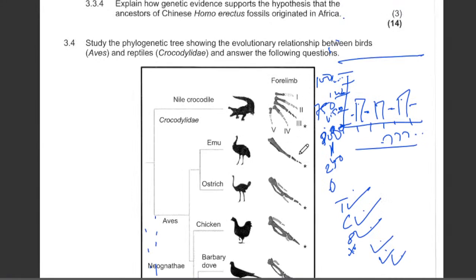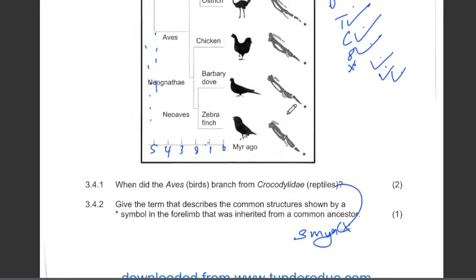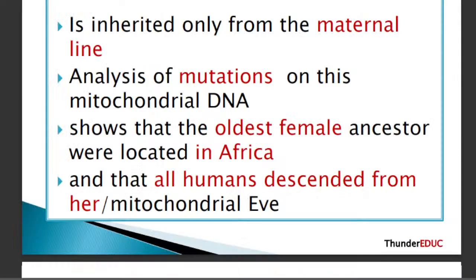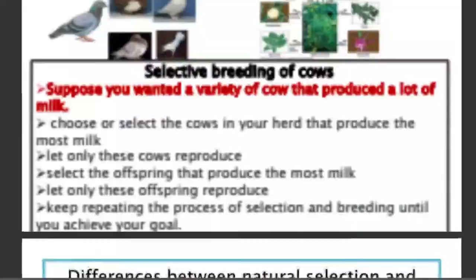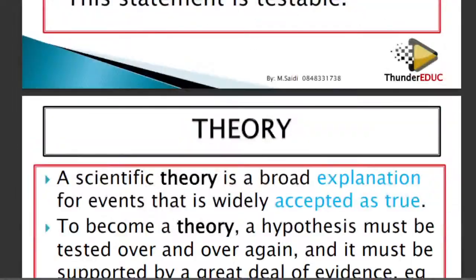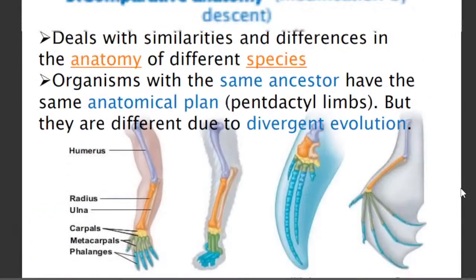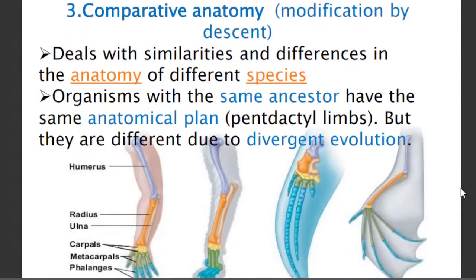Yes, forelimb, this one. How do we call this? We call it pentadactyl limb. Let me show you where I put it in the booklet here. The distinction material. Yes, it's here. We call it pentadactyl limbs.